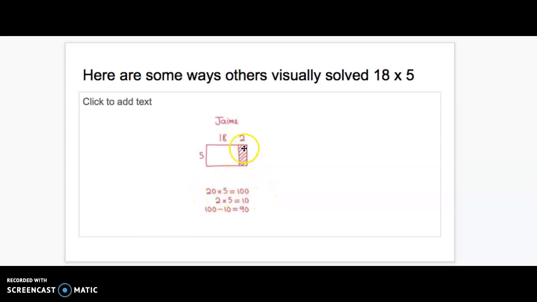Now he knows that 18 plus 2 equals 20, so he needs to work out what he needs to take away from the 20. So 5 times 2 equals 10. So he's taking that away from the total of 100 because he only needs to work out 18. So then he comes down here and he has 100 take away 10 equals 90.